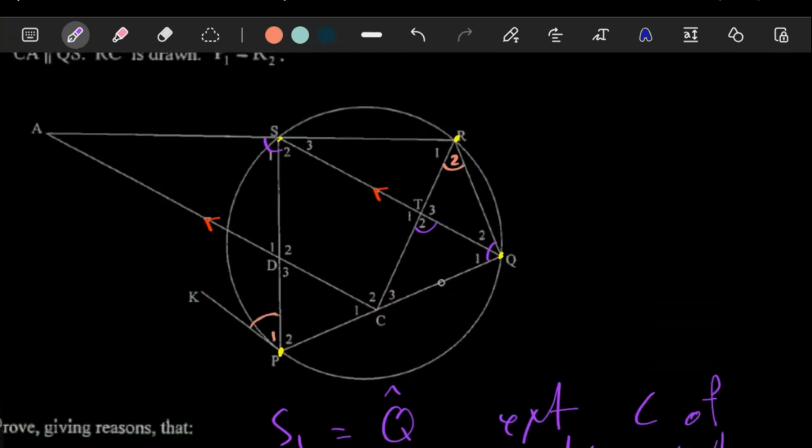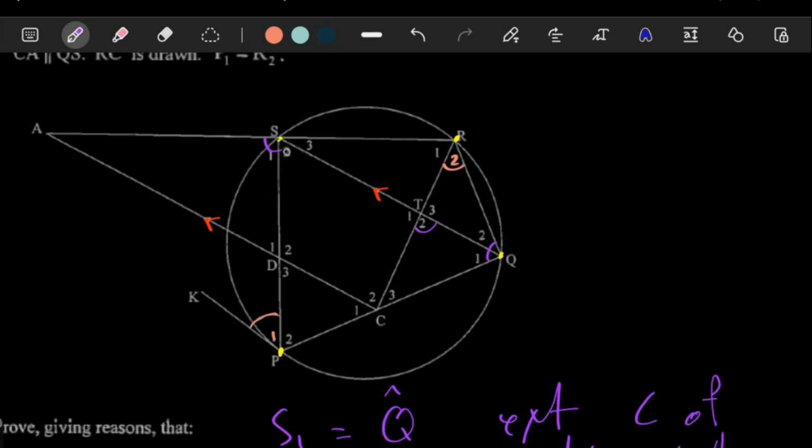Let's see in this cyclic quadrilateral if we have angles in the same segment. Anyway, we don't have tangent, we already spoke about that. Parallel lines: this angle is equal to that one. To say that this is equal to that directly is going to be a bit tricky, but let's see if we can find something else equal to S1.